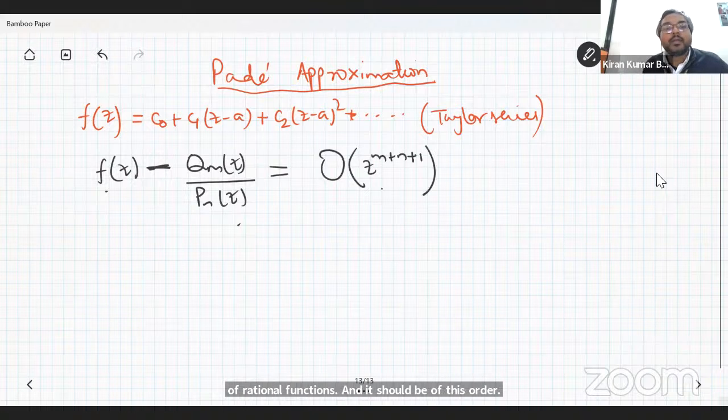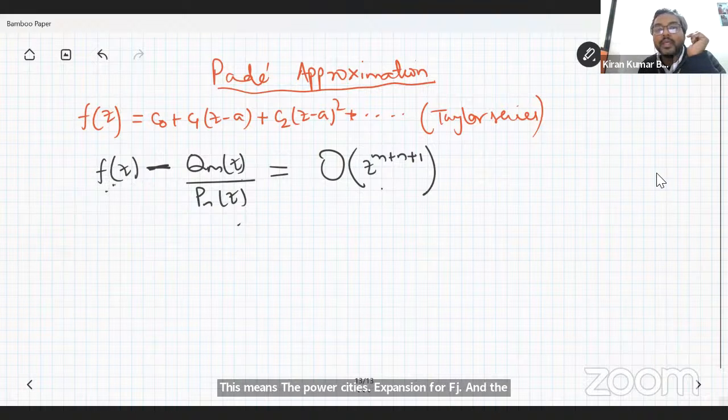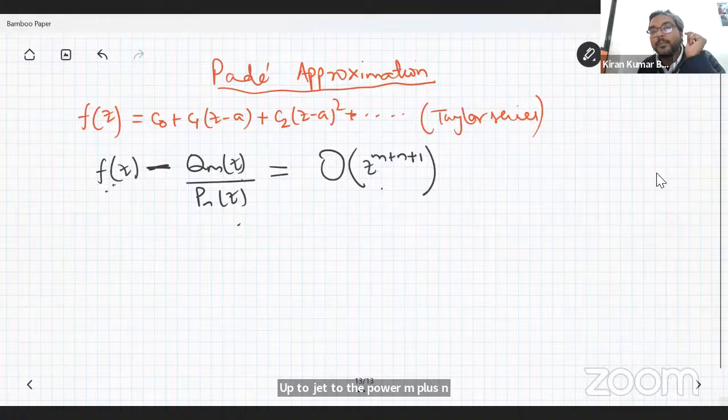This means the power series expansion for f(z) and the power series that I get from here should agree up to the z to the power m plus n plus 1 term. So that I say is a rational approximation.